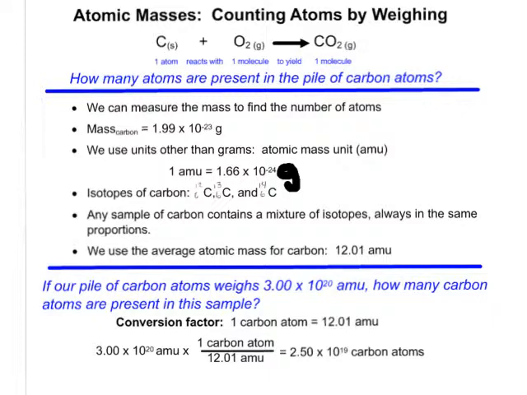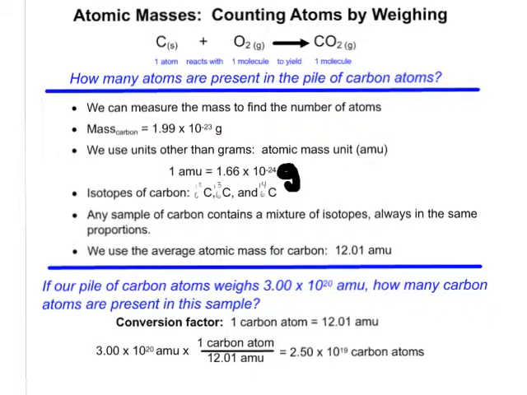If you look on the periodic table right now, you'll see that 12.01 is the mass that is written in the periodic table for carbon. It is the average mass of all of the different isotopes in their respective proportions.